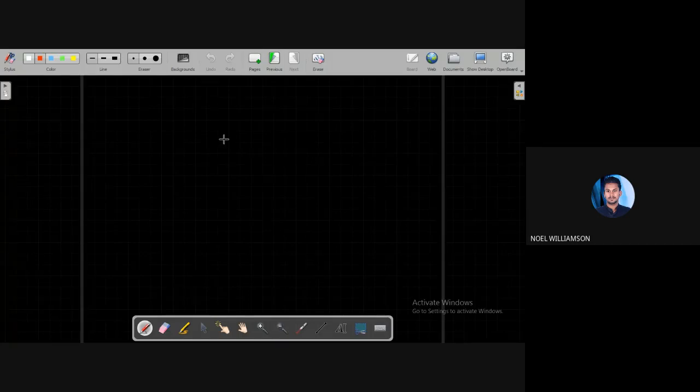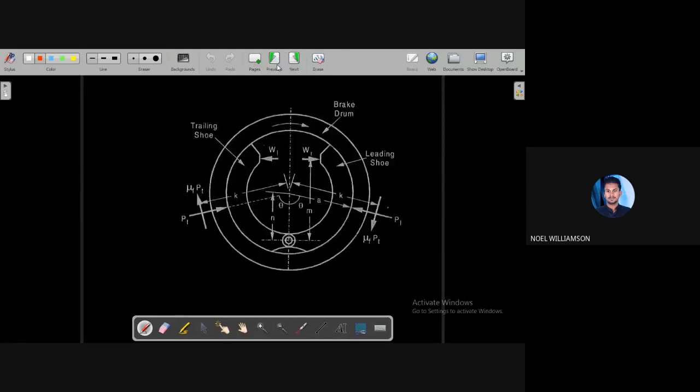First of all, we can see a figure. This is one of the internal expanding shoe brakes. Here you can see two brake shoes. This is one shoe and this is the other. One is termed the leading shoe and the other the trailing shoe. In this figure, this is the leading shoe and this is the trailing shoe.